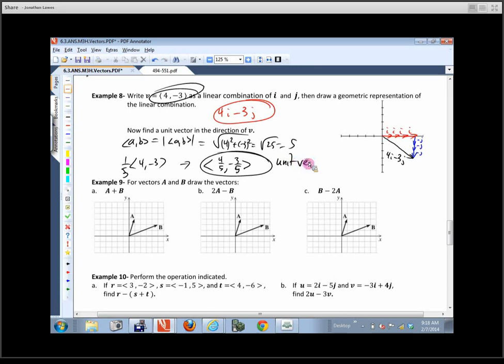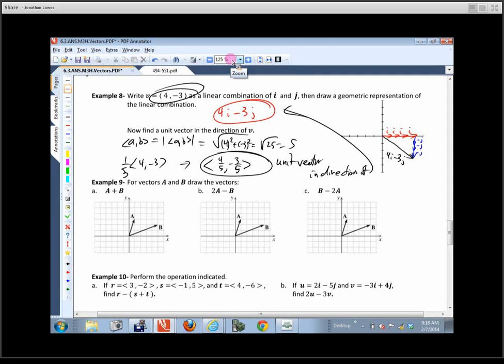Unit vector in the direction of that guy right there. It's that simple. If you have the original vector, if you want to make it 1 unit long, all you need to do is find the magnitude and divide by the magnitude, or multiply it by 1 over the magnitude if you wanted to think of it that way.